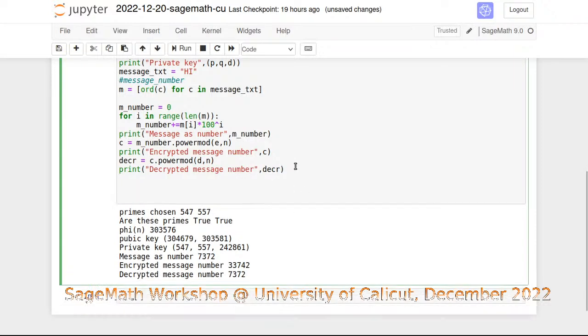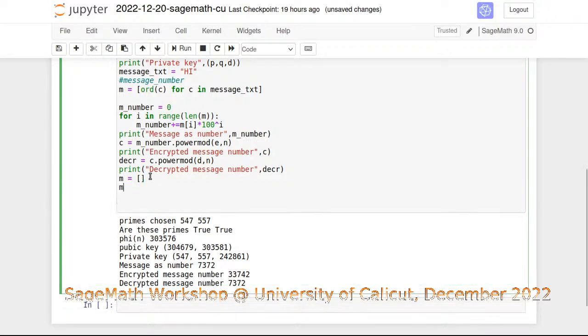Now, how do we convert this back to the message itself? So for that, what we can do is, from the end, suppose m is an empty list, so to m we are going to append.